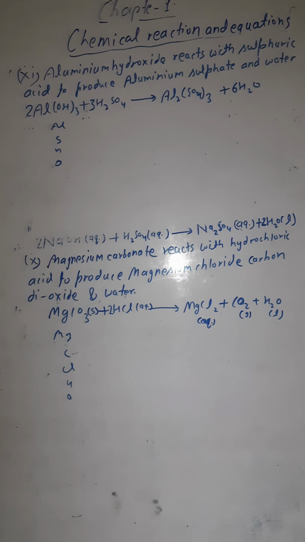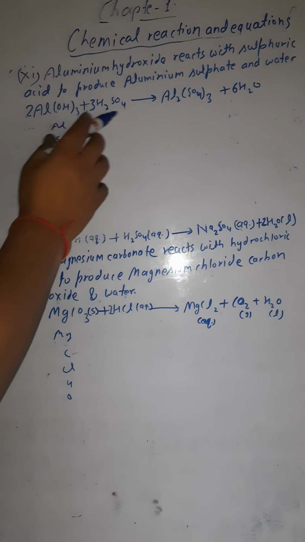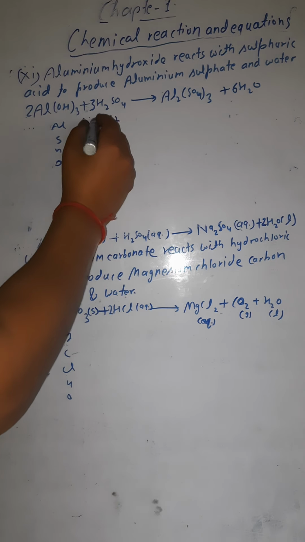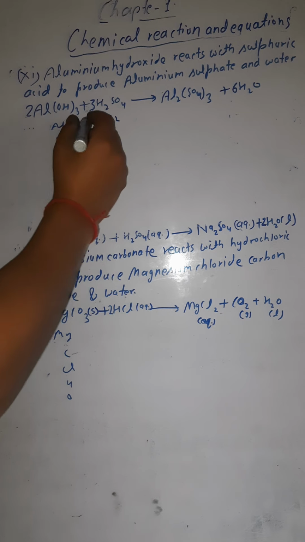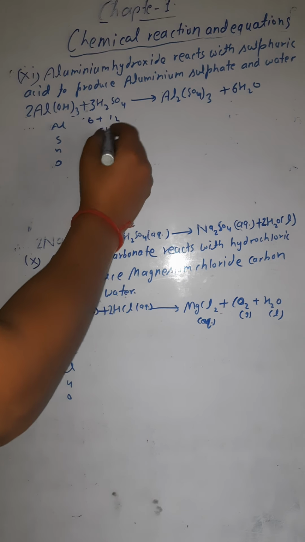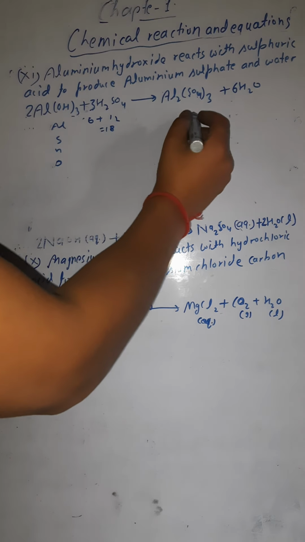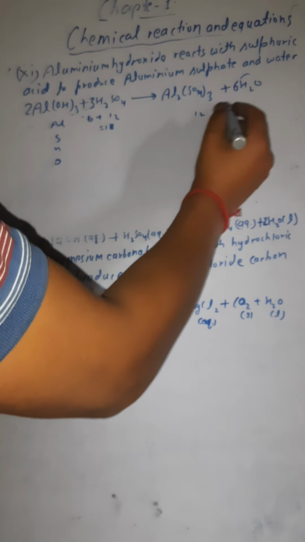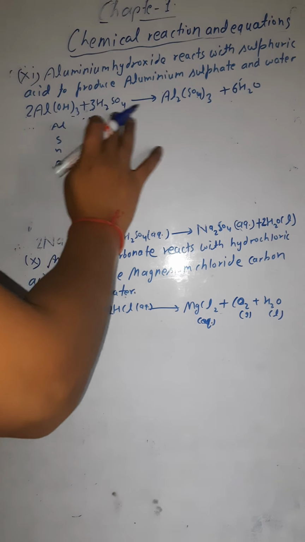Now at the last we will balance the oxygen atoms. If you could see oxygen atoms, 4 times 3 is 12 plus here 3 and outside 2, 3 times 2 is 6, means 18 atoms of oxygen, and here 4 times 3 is 12 oxygen and 6 here, so 18 atoms here also. Oxygen already balanced now.